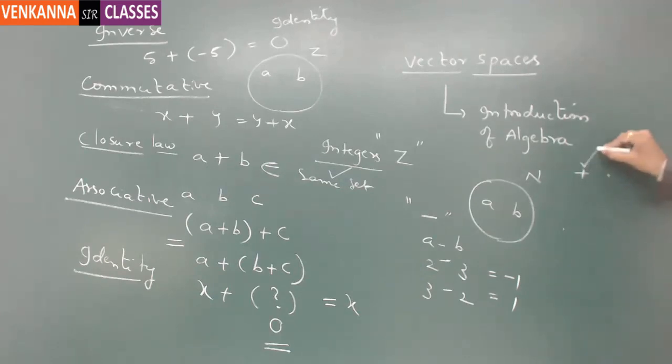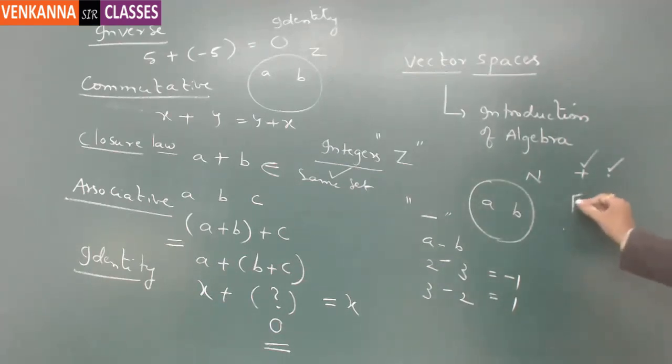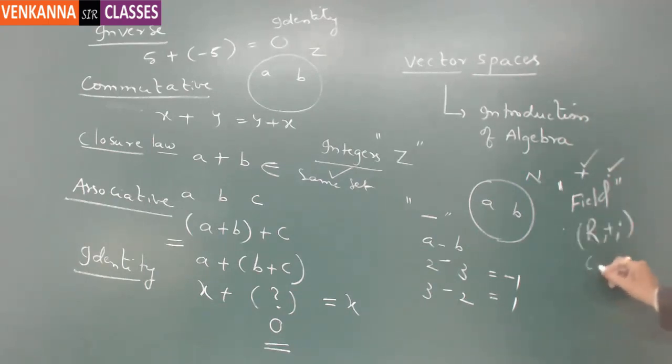With respect to addition and with respect to multiplication, those sets will satisfy all the 5 properties. They will be called a field. The example is: the real number system is a field. The complex number system is a field. Similarly, the rational number system is a field.